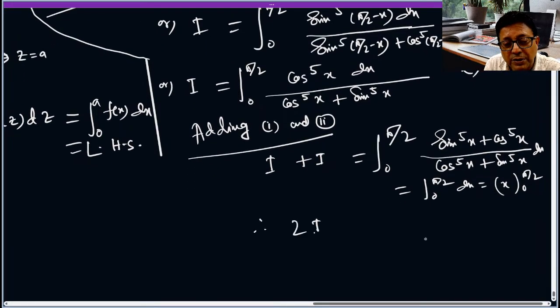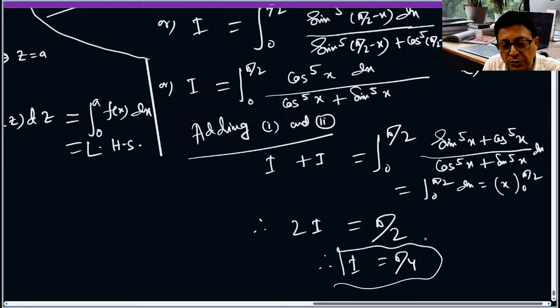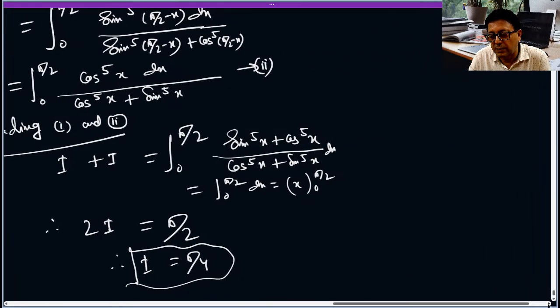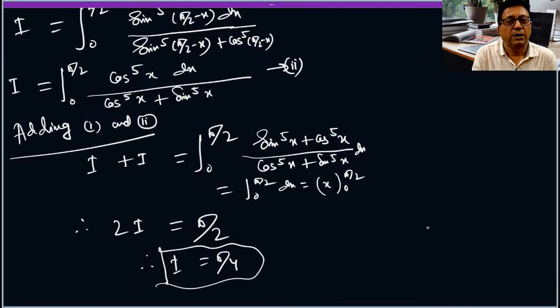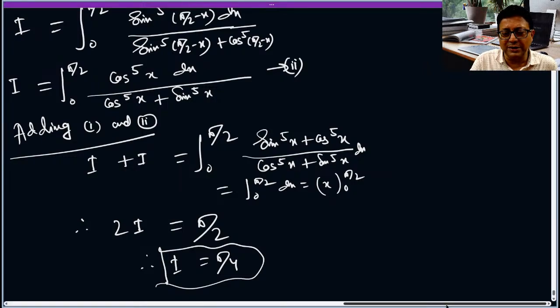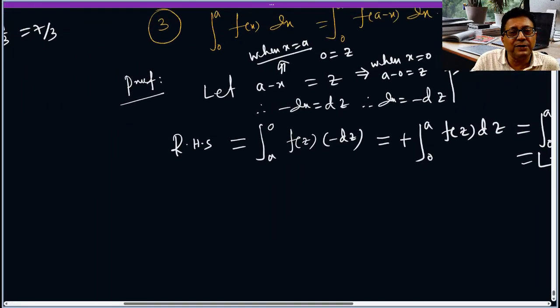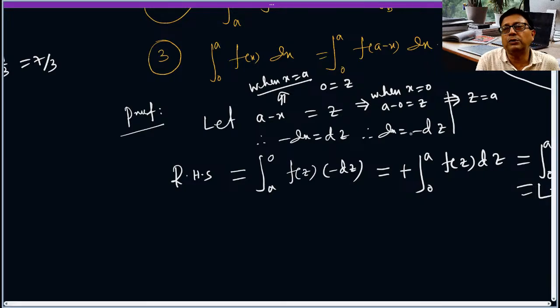So therefore 2I equal to π/2, I is equal to π/4. Is that clear? Done? So we can apply this property solving sums like this. We'll solve many sums, but let us know the properties first. Third property is done. Fourth one now.